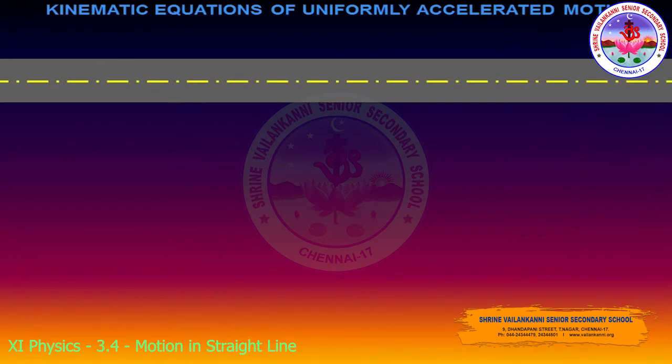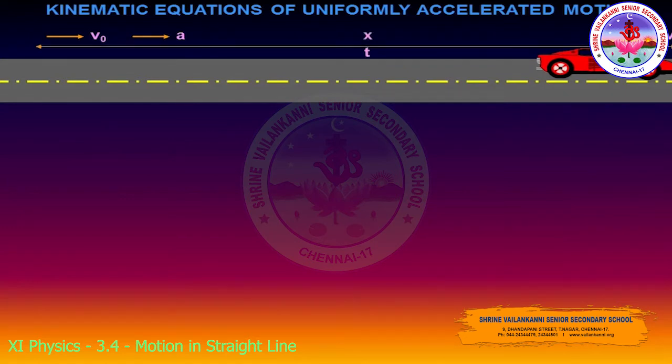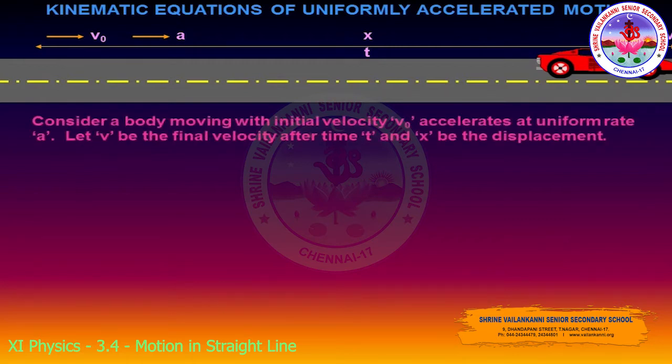Consider an object moving with a constant acceleration along the positive direction of x. Let the uniform acceleration be a, and let v be the final velocity after time t. The initial velocity we take as v naught, and x is the displacement.